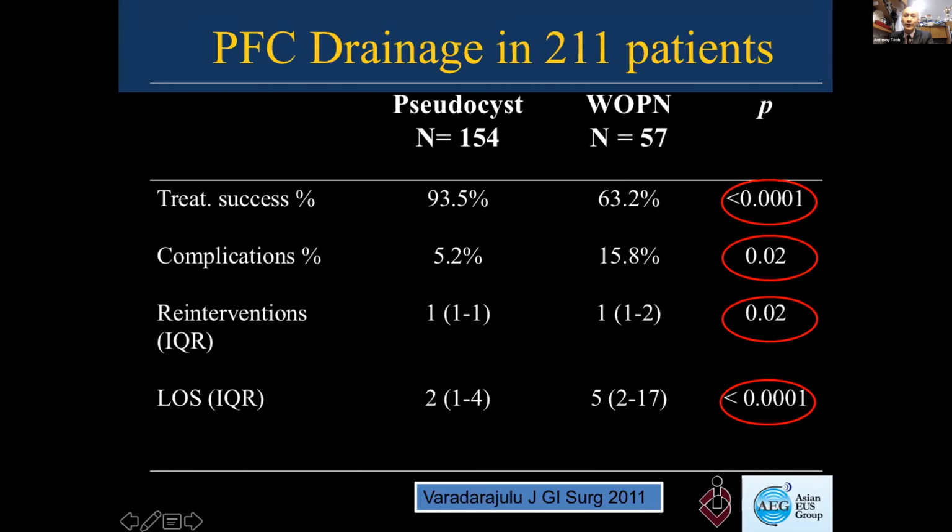So in general, pseudocyst drainage, if treated by EUS guided intervention, has a very good outcome. But if you are treating patients with wall-off necrosis, then you need to think more in terms of subsequent management. So drainage is only the first step for wall-off necrosis.